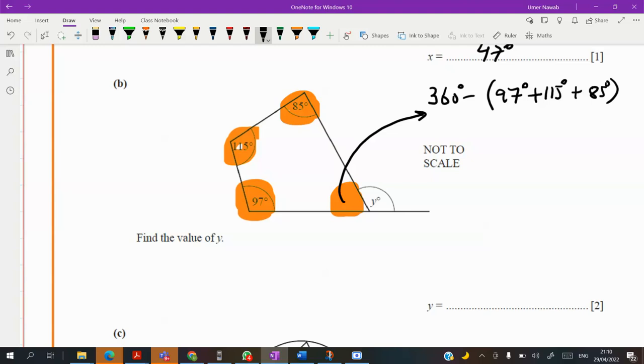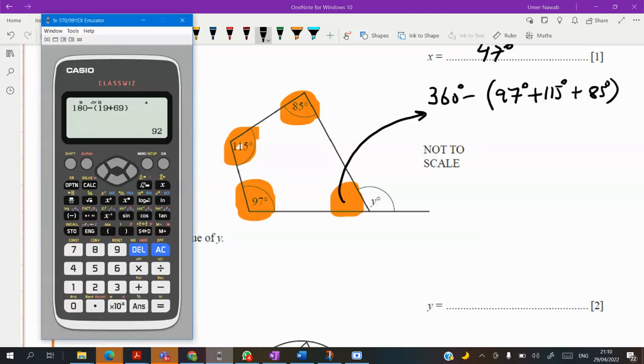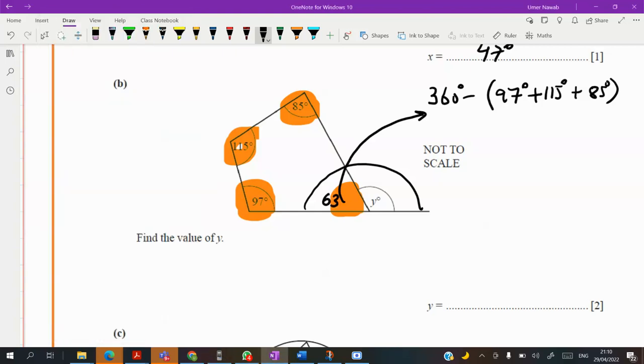We find this angle first and then subtract it from 180. So 360 minus 97 plus 115 plus 85 gives us 63. So this angle is 63.